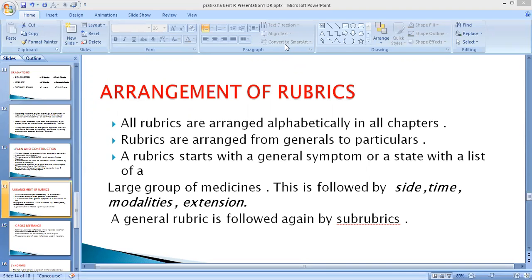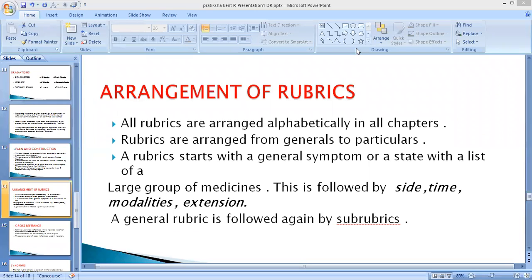So in Kent repertory, I will revise once again. In this book there are mostly three parts: prefix, repertory proper, and suffix. In the prefix part, all the introductory material is there. In repertory proper, there are 37 subsections which are arranged according to the Hahnemannian scheme or according to the anatomical division of the body.